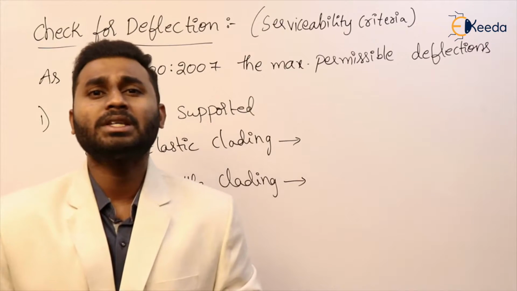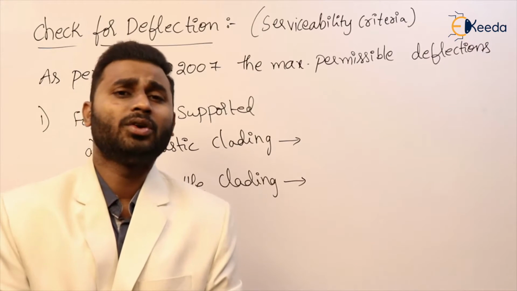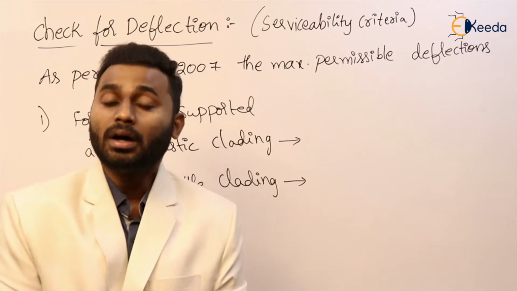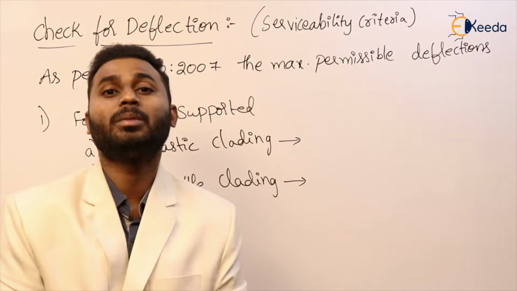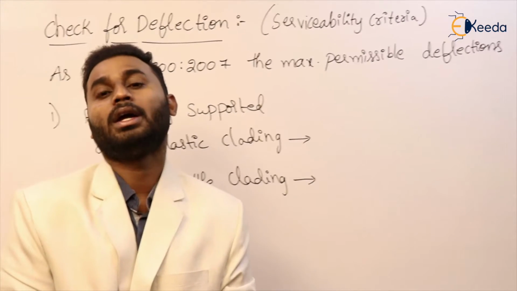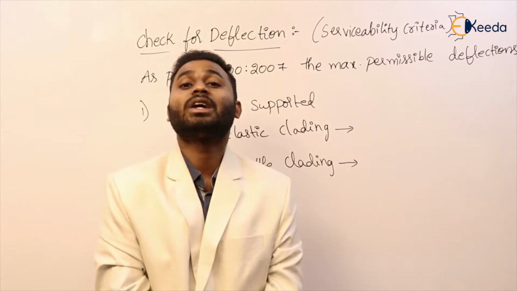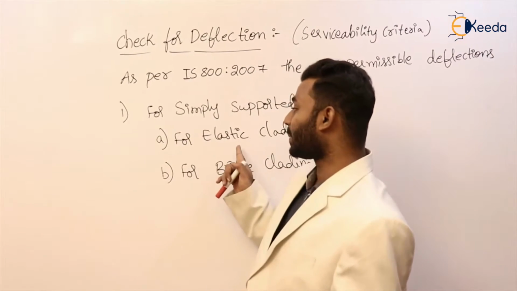If we place brittle materials, we know that they fail suddenly, without any intimation or indication. So the deflection in this case should be less in comparison to elastic cladding.